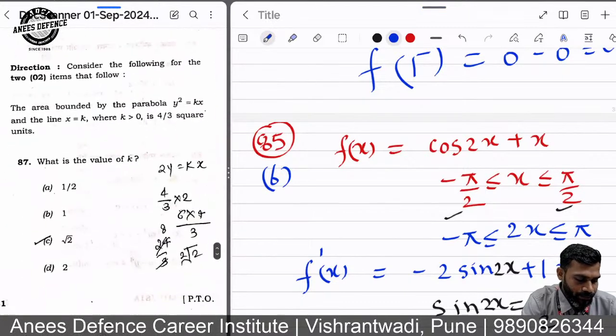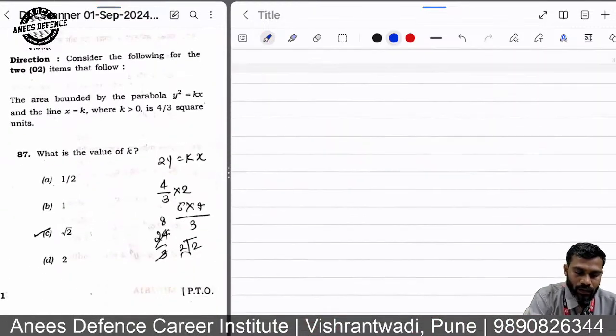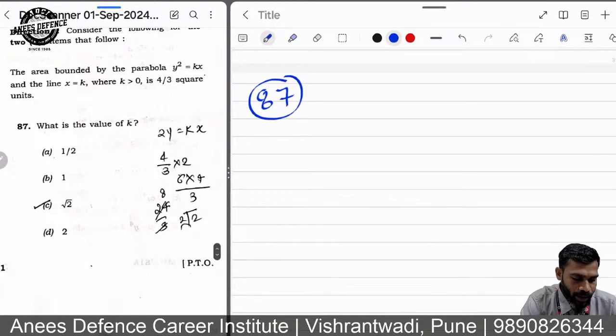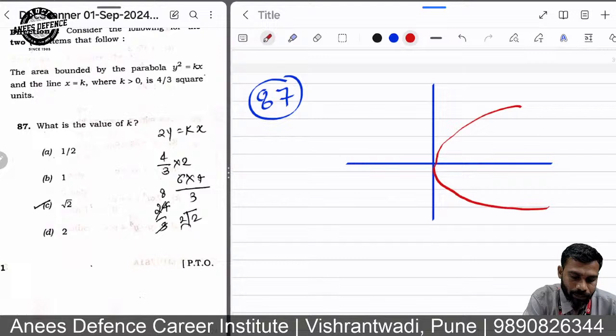Now, next. Question number 87 now. Let us move to the next question. 87. What we have? The area bounded by the parabola. Let us draw the parabola. This is the parabola, right? y square is equal to kx.